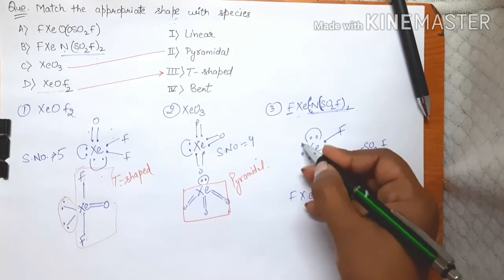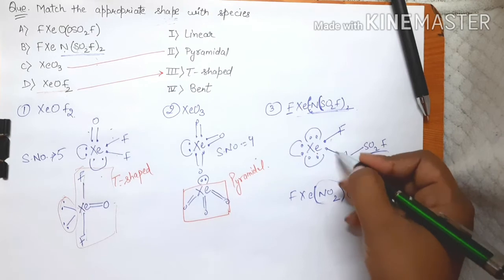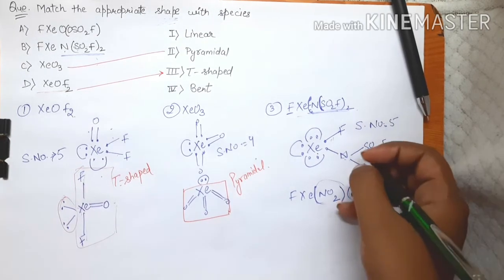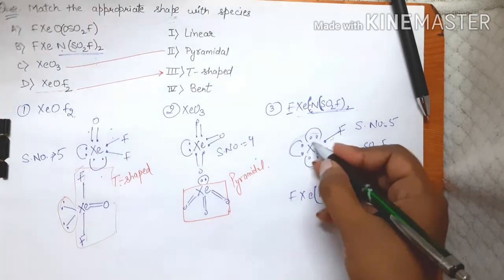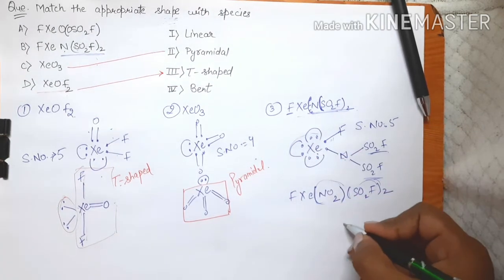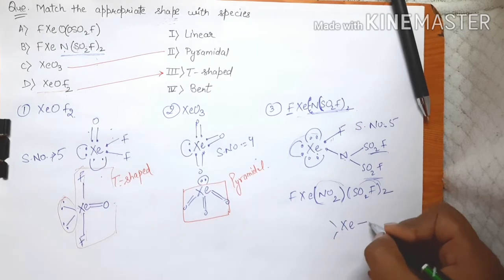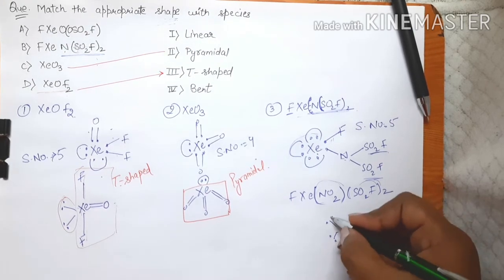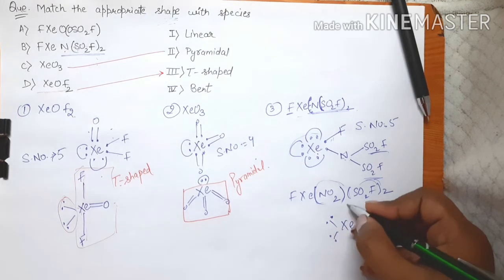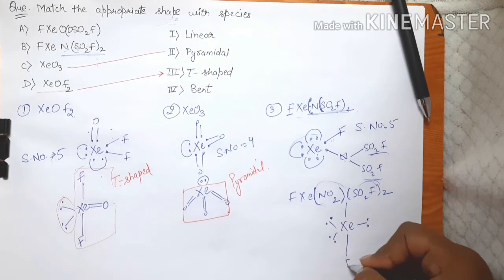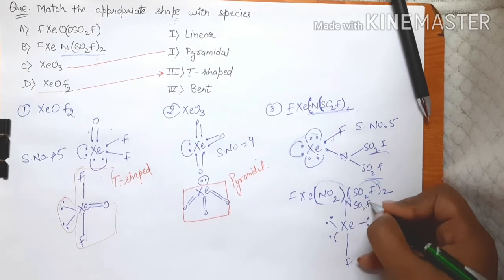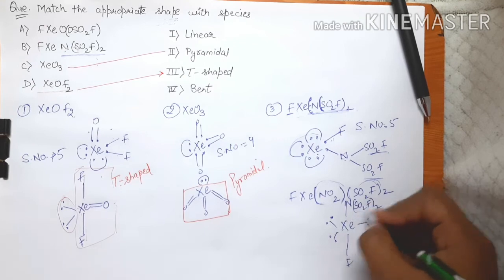So here nitrogen will be attached with these 2 SO2F groups. Now xenon will be having 3 lone pairs and 2 bond pairs. Steric number is going to be 5. Now these 3 lone pairs are s-philic, so they will be present here according to Bent's rule. Bent's rule we have discussed in part 12 of chemical bonding. So F can attach here, and this N(SO2F)2 group will be present above the plane.